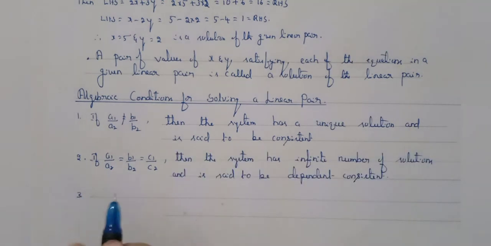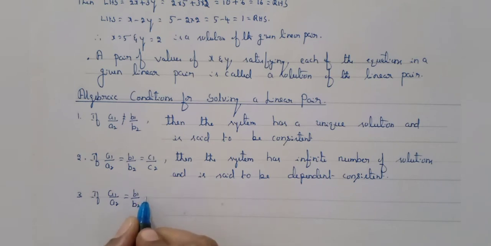Next, the third condition is if a1 by a2 is equal to b1 by b2 and b1 by b2 is not equal to c1 by c2, then the system has no solution. If the system has no solution, then it is said to be inconsistent.